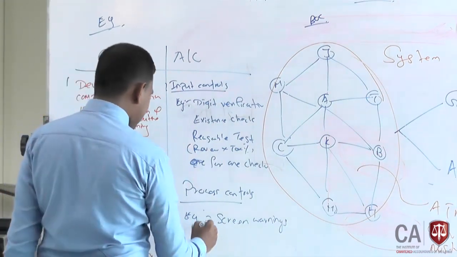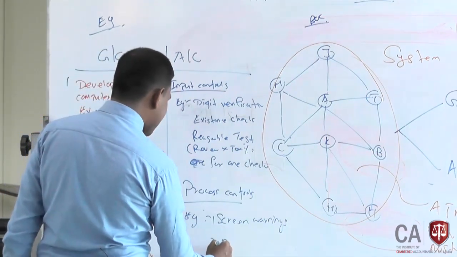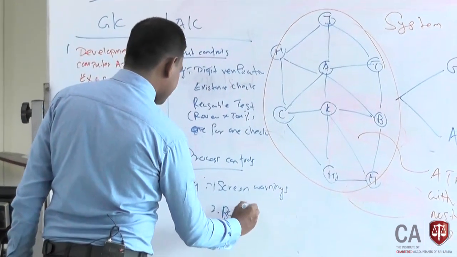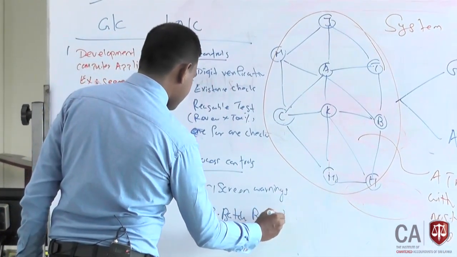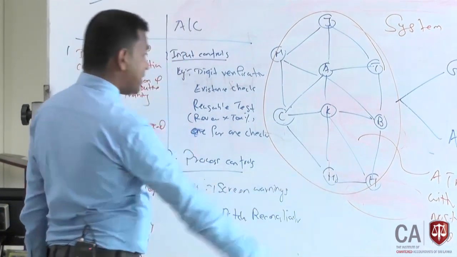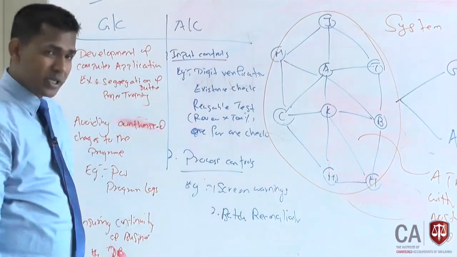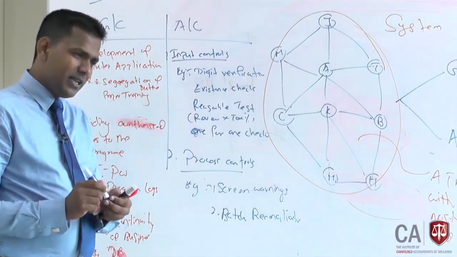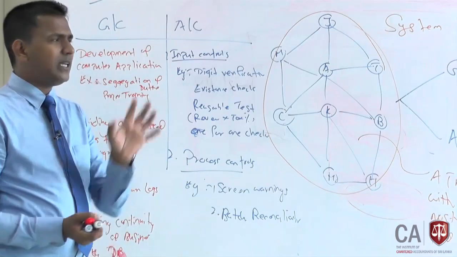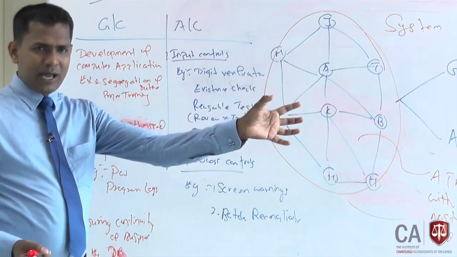Then there will be another one, batch reconciliation. What is meant by batch reconciliation? Say 50 transactions are to be entered into the particular application.